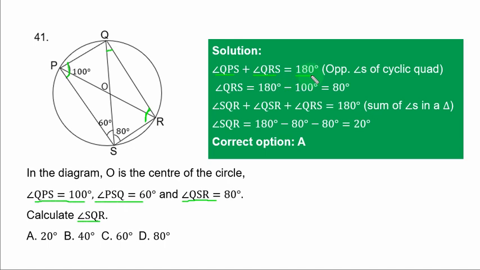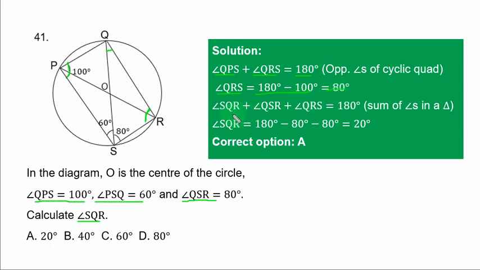Opposite angles of cyclic quadrilateral. So we need angle QRS. If you transfer angle QPS, which is 100 degrees, to the other side, you have 180 degrees minus 100 degrees equal to 80 degrees.